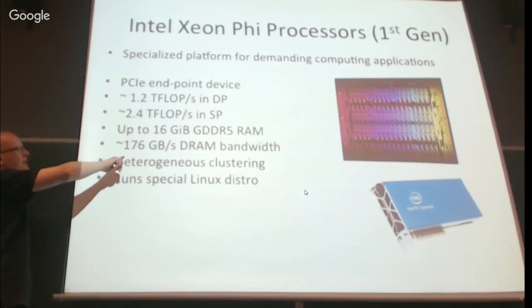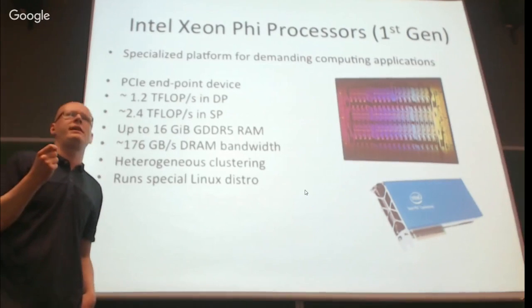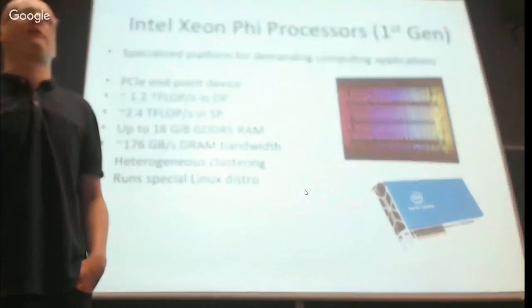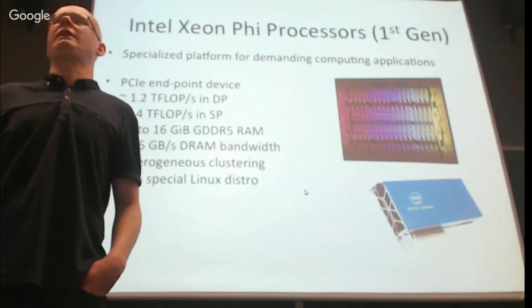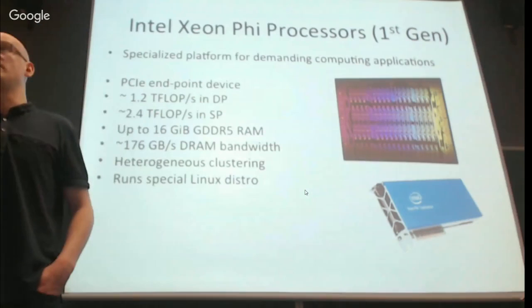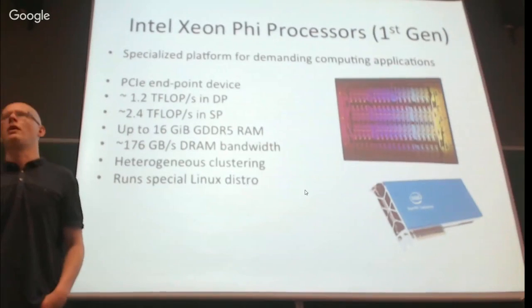We have 176 gigabytes per second of bandwidth to DRAM. So it's more than the two-socket device. Now, you will see in marketing material from Intel that it offers up 320 gigabytes per second bandwidth. Okay, it's theoretical. It can't be achieved on the device, and this has been a bugbear for quite a few people developing on Xeon Phi because they were expecting more bandwidth.